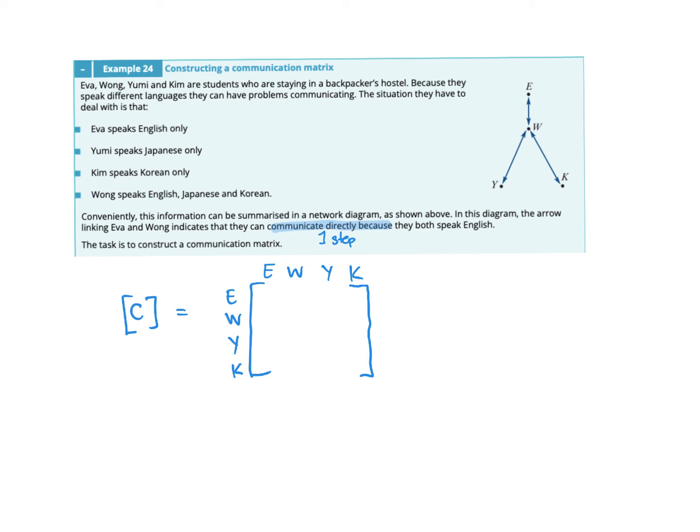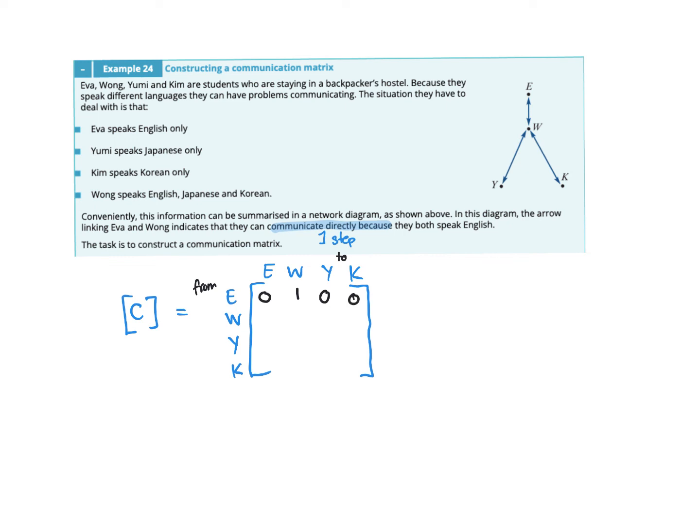So we're going from here to there. Eva to Eva's not going to talk to herself. But can Eva talk to Wong? Yes, so there's a 1. Can she directly talk to Yummy? No. And she can't directly talk to Kim either.